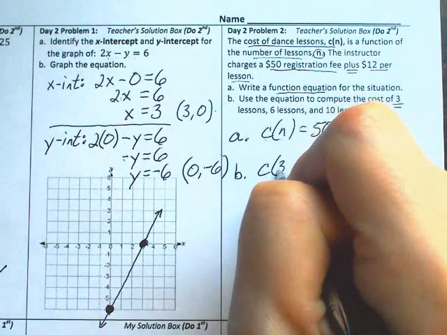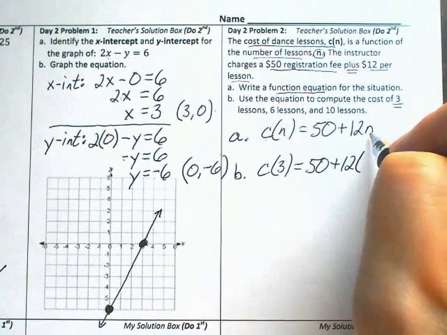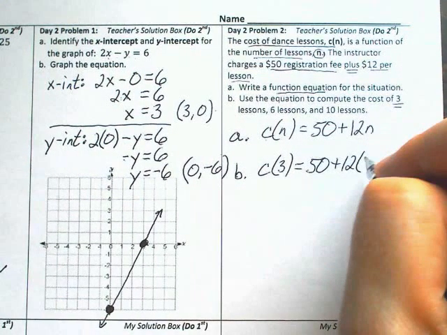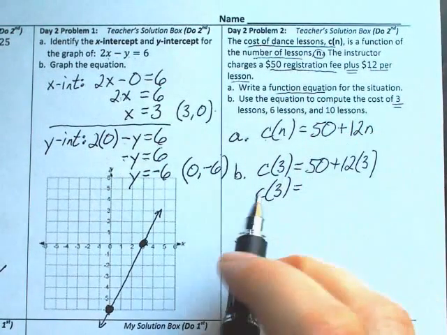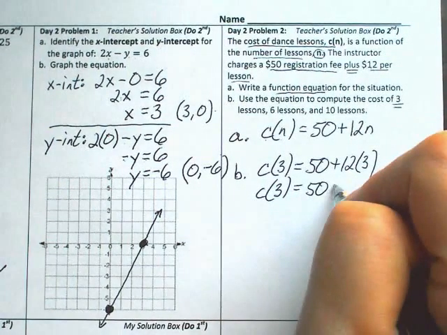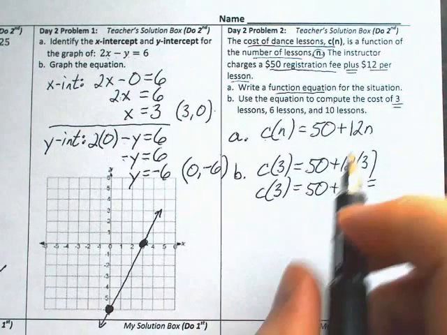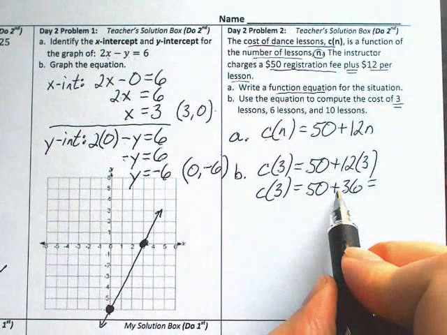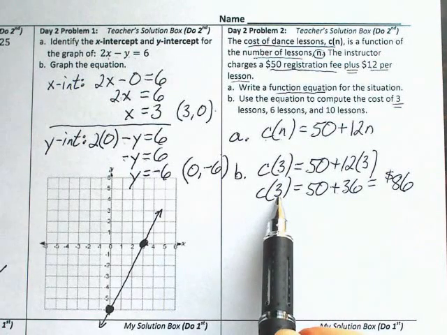C of 3 is equal to 50 plus 12, and then again for n, fill in 3. So C of 3, which means the cost of 3 lessons, is equal to 50 plus 12 times 3 is 36, and 50 plus 36 is $86. So the cost of 3 lessons is $86.